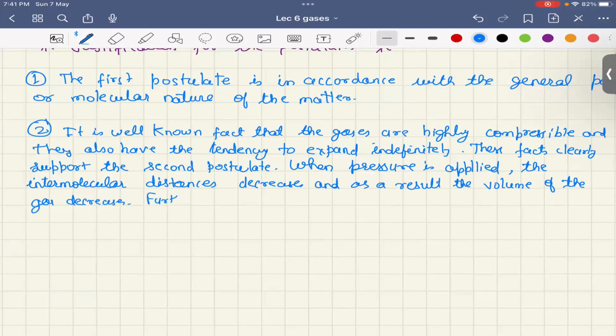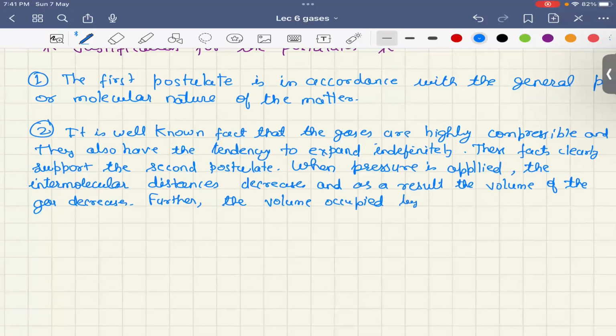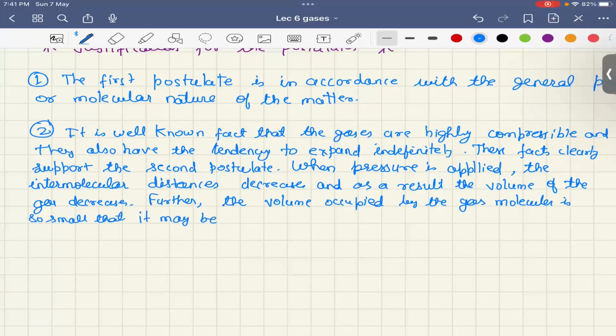Further, the volume occupied by the gas molecules is so small that it may be neglected in comparison to the total volume.